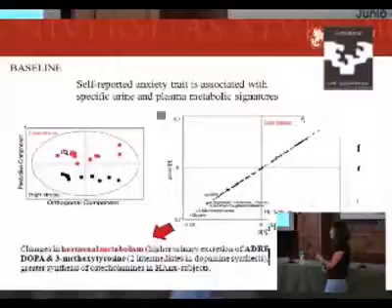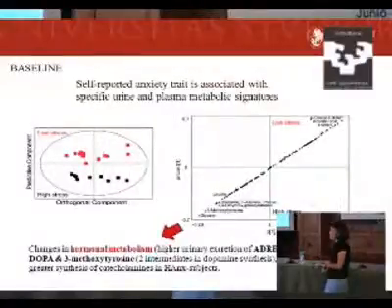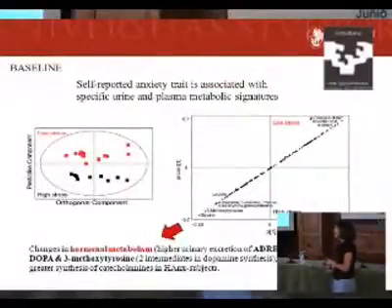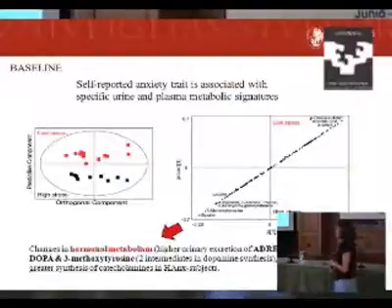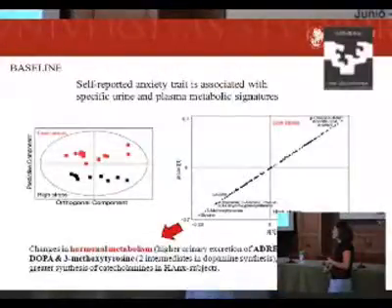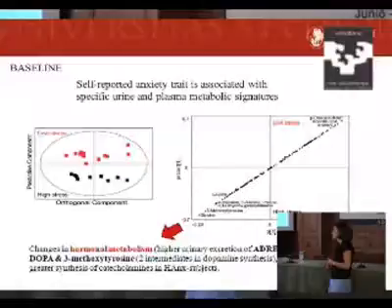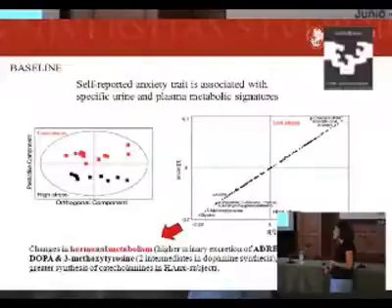At baseline, time zero, they already noticed a difference in the metabolism of those subjects that reported low stress versus those with high stress. And the main changes were in hormonal metabolism.